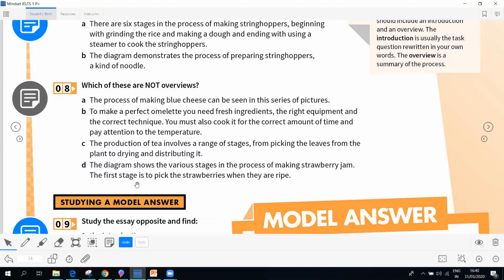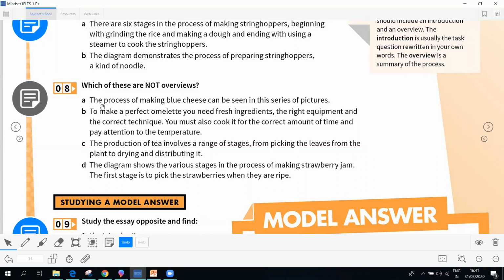The first stage is to pick the strawberries when they are ripe. This is clearly an introductory sentence and a description of the first stage. So it's not a summary. It's just an introduction. Okay, so D is clearly not an overview.